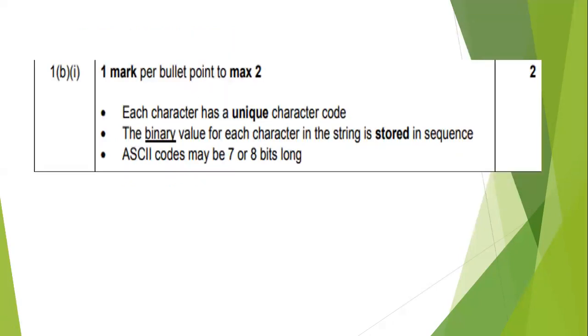Each character has a unique character code, as we have discussed earlier. The binary value for each character in the string is stored in sequence. Character code means, like capital A will have 65, and this 65 will be converted into binary form. As you have seen in the list, ASCII code may be 7 or 8 bits. So it is asking only about ASCII, so you can tell these three features for 2 marks.